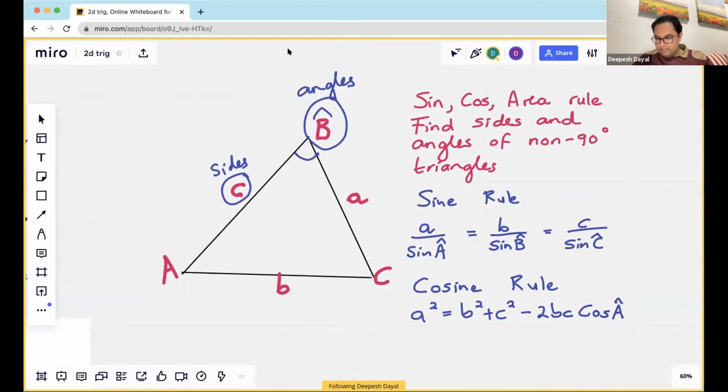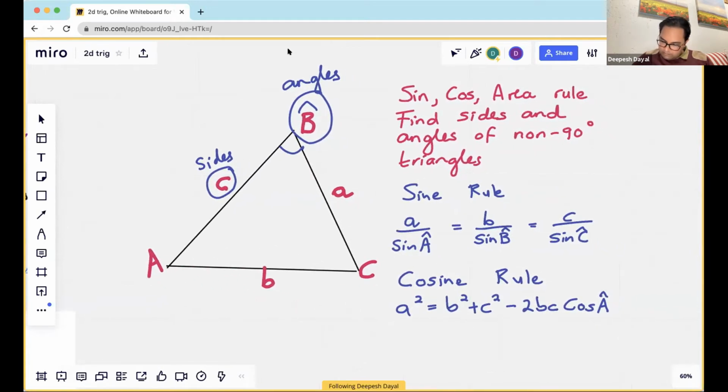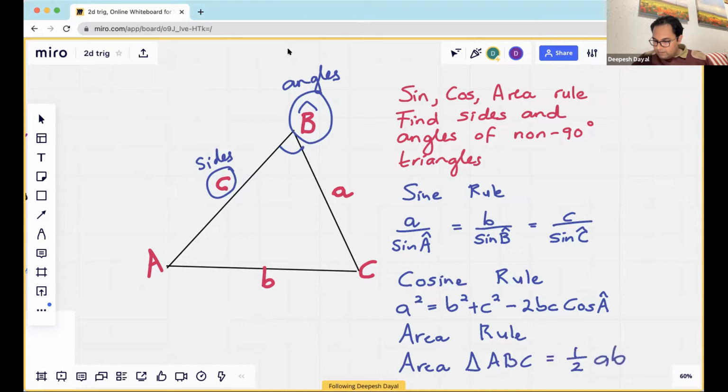And then lastly, we get the area rule, which says the area of triangle ABC equals half ab sine C. So it's half the two sides with an angle between it, right?